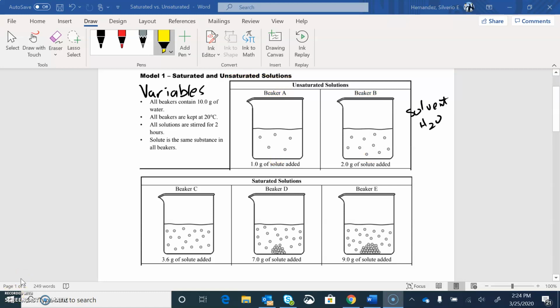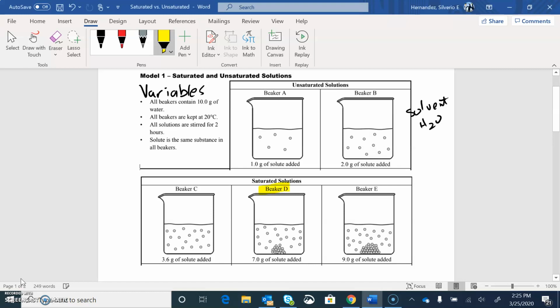Now let's take a look at what would be, let's say, supersaturated solutions, or not supersaturated solutions, but where we've passed the point of saturation. The point of saturation is the maximum amount of the solute that can be dissolved by the solvent. So where do we see particles precipitating down to the bottom of the beaker?